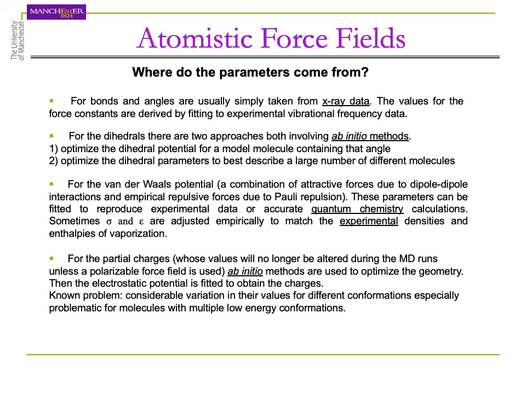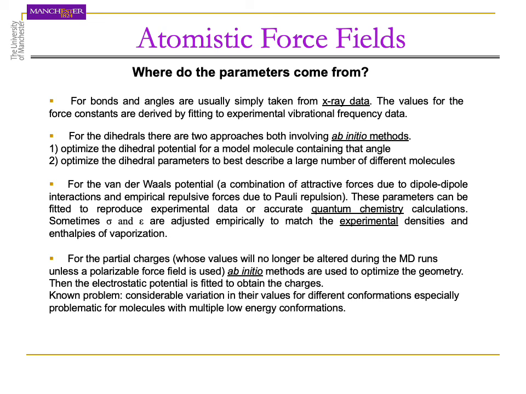For bonds and angles, these parameters are usually taken from X-ray data. The values of the force constant instead are derived by fitting experimental vibrational frequency data. For the dihedral instead, there are two approaches, both involving ab initio methods. The first is if we want to obtain the dihedral angle for a specific part of a specific molecule, we can use ab initio calculations to optimize the dihedral potential for a model molecule containing that angle.